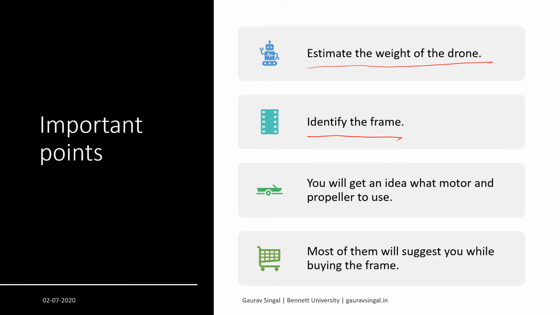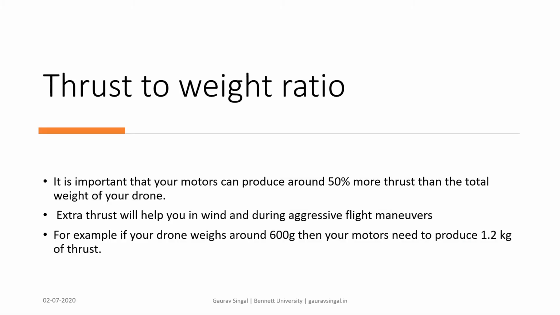You will get an idea what motor and propeller to use on that frame, because if your frame size is bigger, then you need a bigger motor because it will use bigger propellers. So all are interlinked. Most sellers also suggest the motor and propellers when you buy the frame.